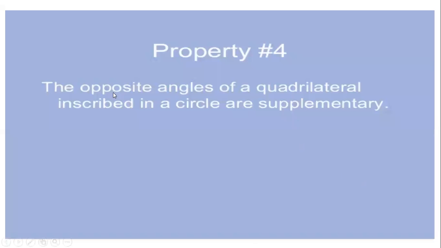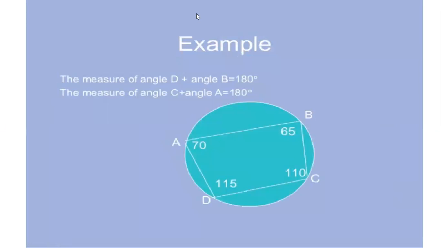Then there is the fourth property which says that the opposite angles of a quadrilateral inscribed in a circle are supplementary. So this property is basically based on quadrilaterals which are inscribed within a circle. So for example, if you look at this quadrilateral ABCD, it is inscribed within a circle. So opposite angles, for example, this angle is opposite to this.